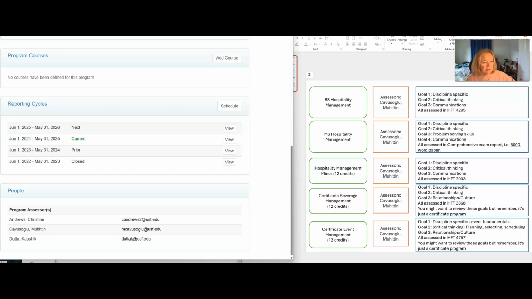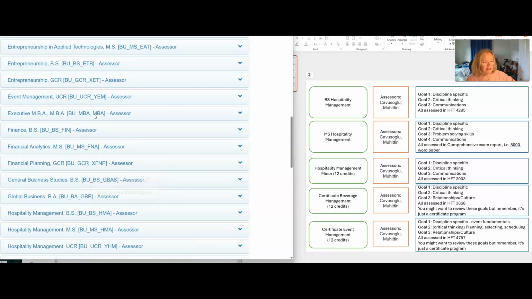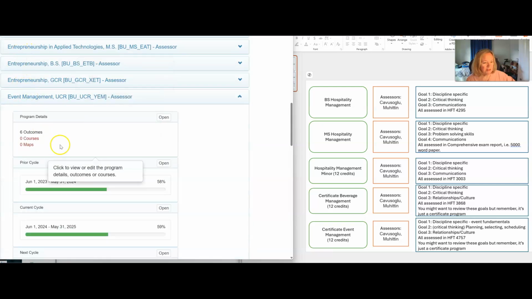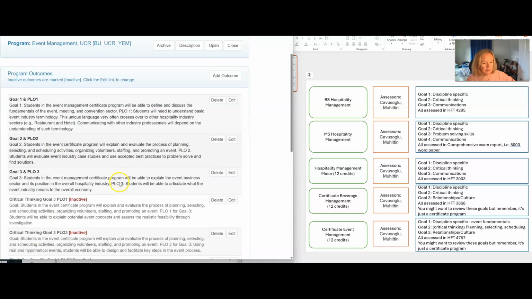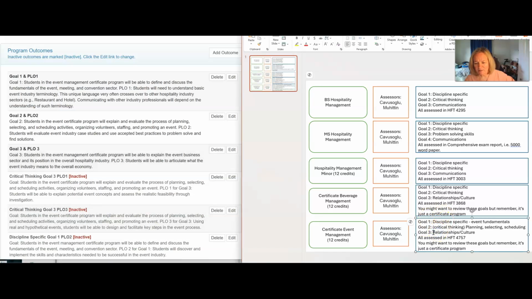Because I copied and pasted these, so it'd be just like me to not change it. Let's see. So here's event management. And the last one is: students will be able to explain the sector and its position in the hospitality industry. Articulate what event management means to the whole industry. So this isn't right. As soon as I saw it was just the same, I thought I may have just copied it. I don't know what you call that.